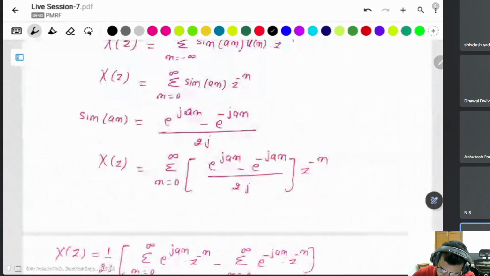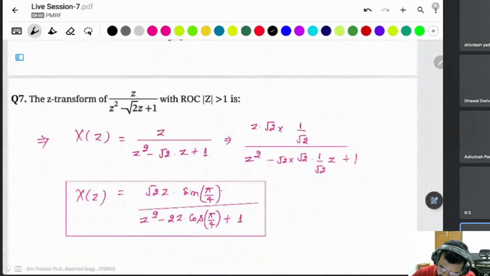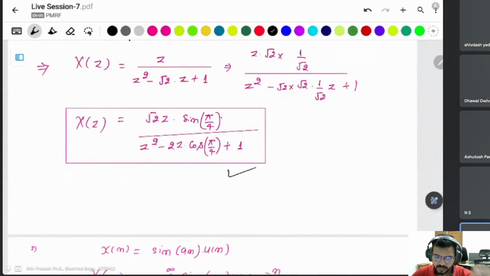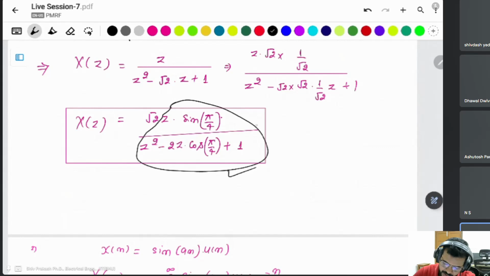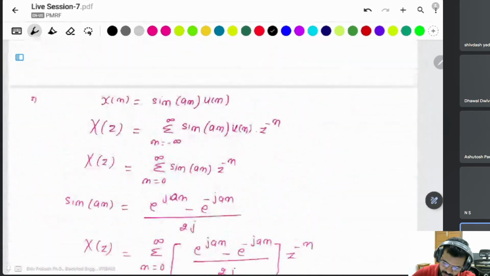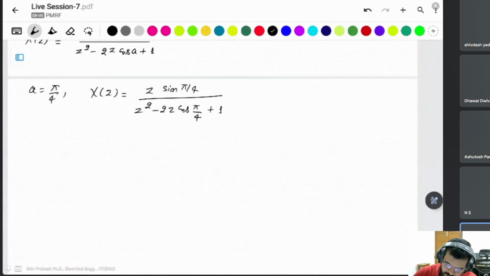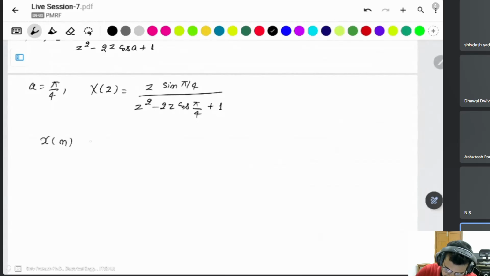This is the same as this one, but there is only a difference of root 2. The remaining thing is the same. That is why root 2 and this thing can be written as sin(pi by 4 n). Then overall x(n) is equal to, in the question, root 2 sin(pi by 4 n).